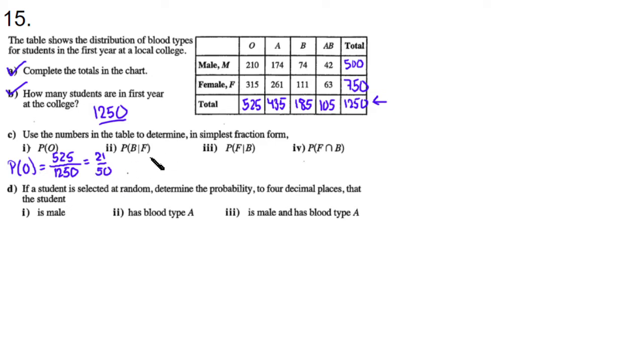In the second question here, they're asking us for the probability of blood type B given that it's a female or females. Okay.